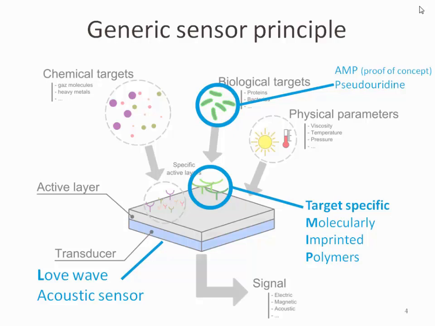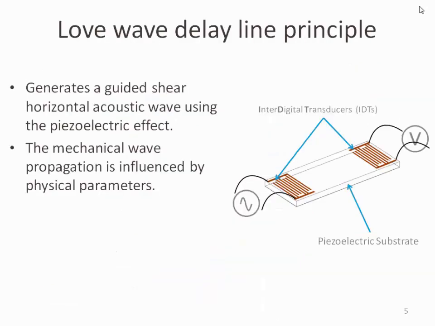In order to do that, we want to use a specific recognition layer, which will be target-specific molecularly imprinted polymers, depending on the target we want to detect. And as the transducers, we will use a Love-wave acoustic sensor. The transducer itself is a very classic Love-wave delay line principle.